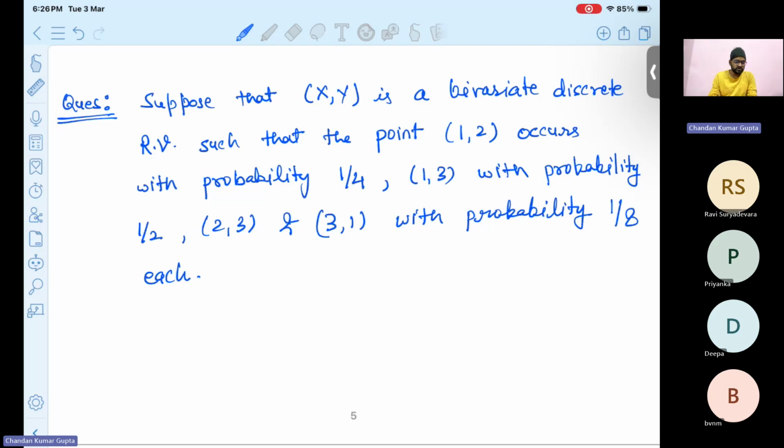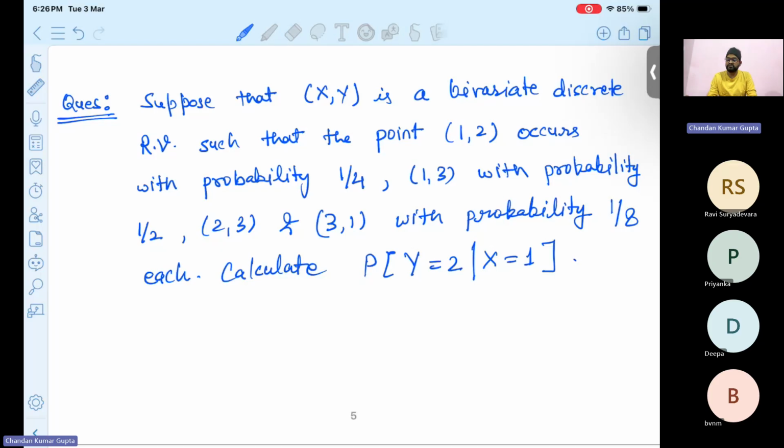Calculate the probability Y equals 2 given X equals 1. So this is the question.